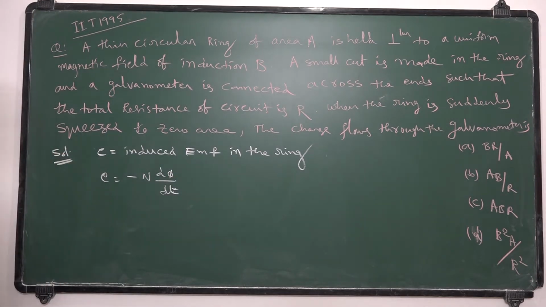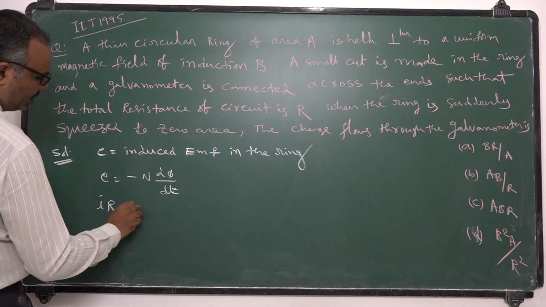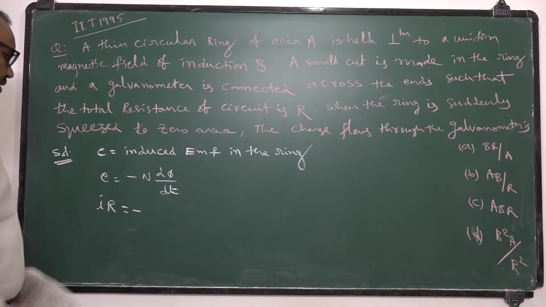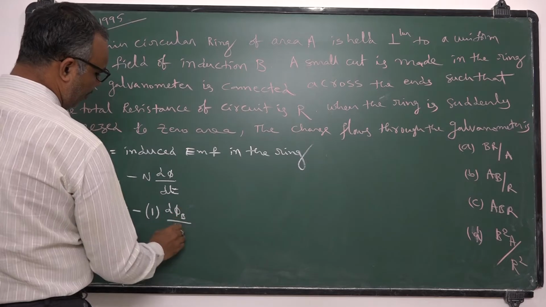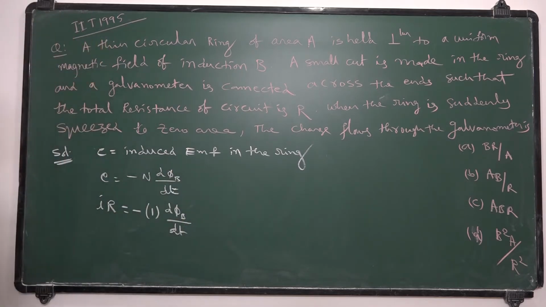You know that EMF E is equal to IR, induced current into resistance. Here the number of turns available is only 1, into d phi B by dt. Phi B stands for magnetic flux.